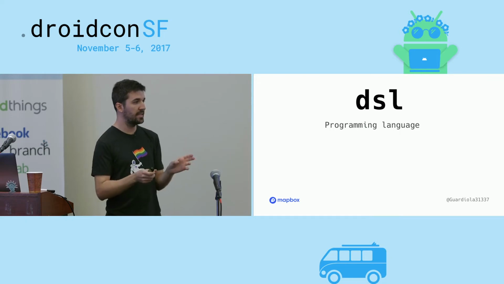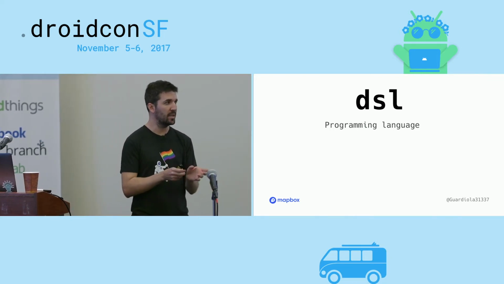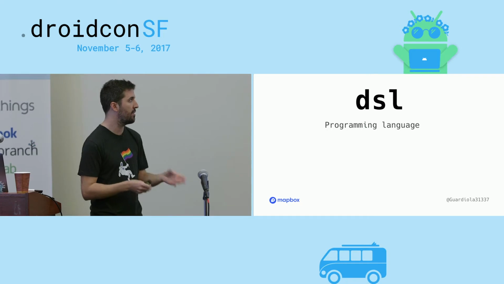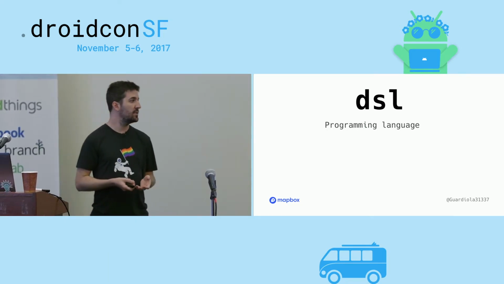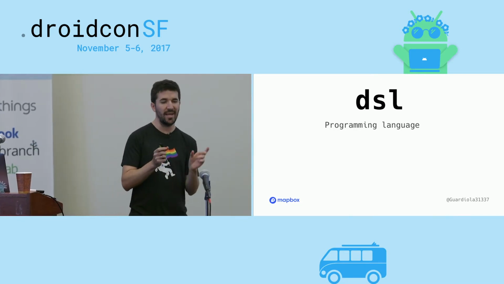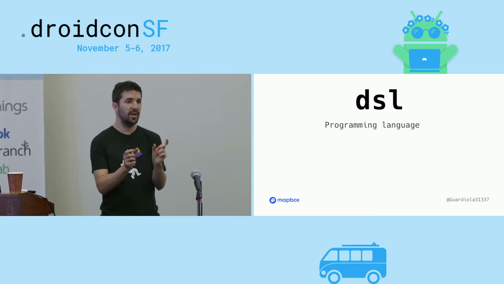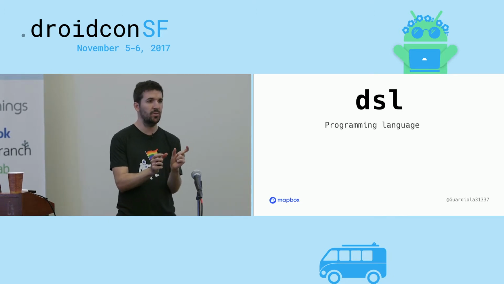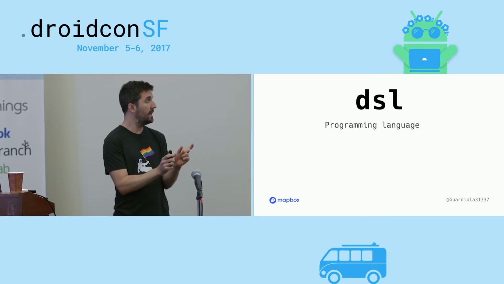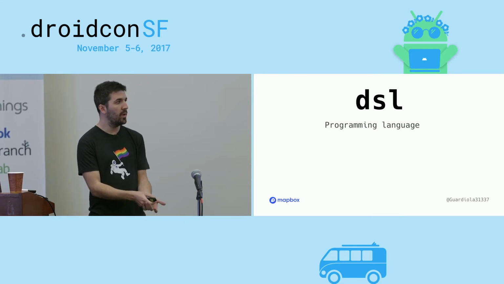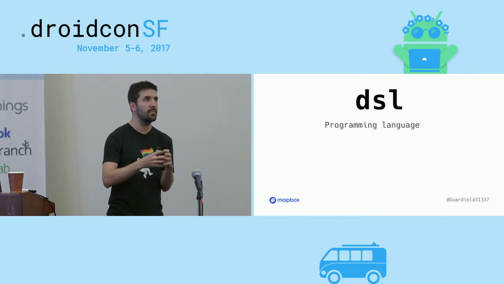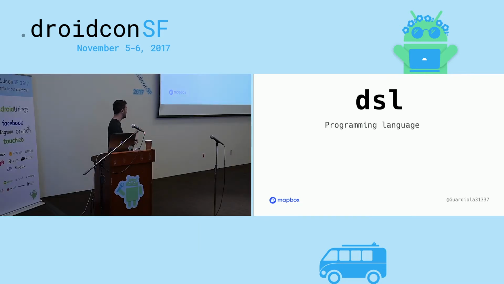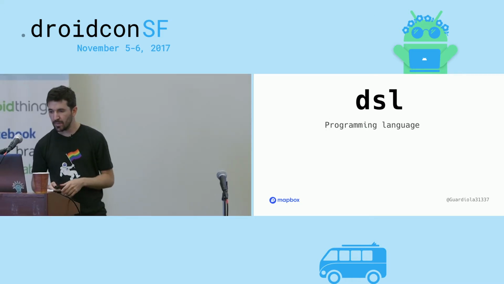We want to create a concrete language which is going to execute something in a computer. You know that we sometimes try to create a language which is really similar to actual language, and we normally fail because we try to make it quite general, and that's not the goal of creating a DSL.